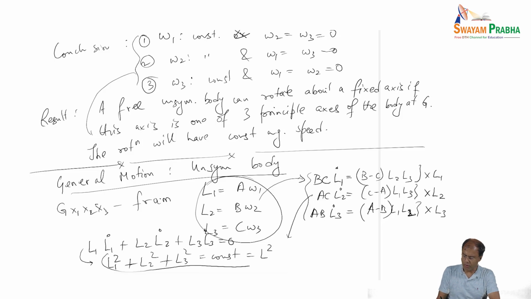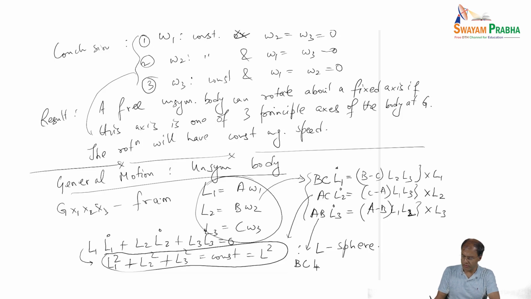What we get is that the components of the angular momentum of the general motion of the free asymmetric body lie on a sphere. This is also known as the L sphere. Similarly, if we look again at this set of three equations, we can add them by multiplying with their corresponding L i's, as they are.